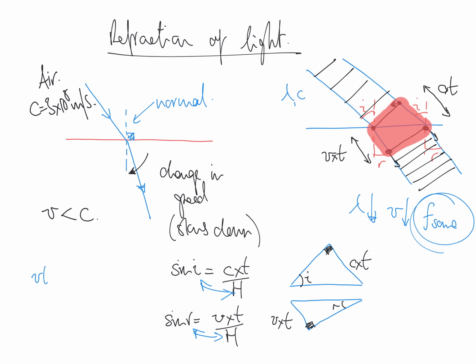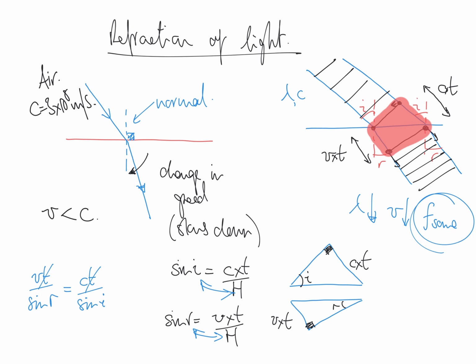So vt over sine r is equal to h, but of course that will equal this as well. So therefore we have ct over sine i. Take some time to appreciate that.